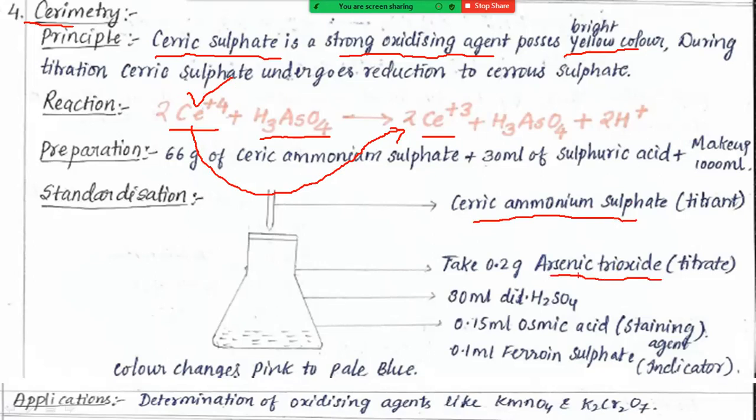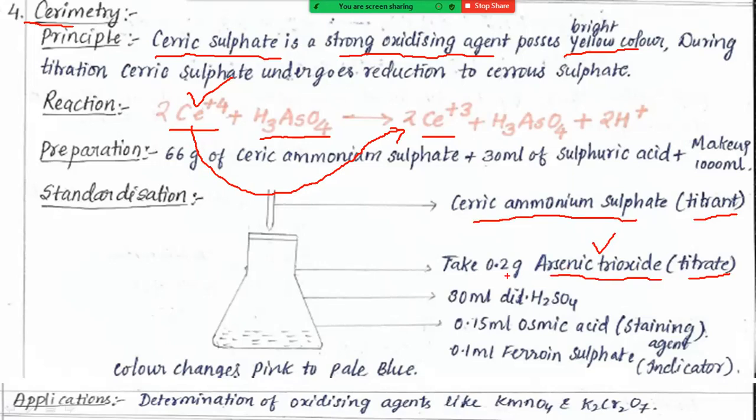Here we are using arsenic trioxide, which is a primary standard solution, taken in the conical flask. So it is acting as the titrate solution. And ceric ammonium sulfate, a secondary standard solution, is taken in the burette. So it is acting as the titrant solution. Now the reaction takes place between these two.